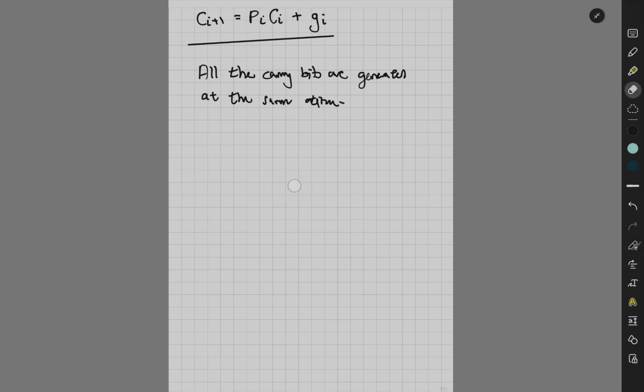I try to do the diagram like the one shown in my PowerPoint.